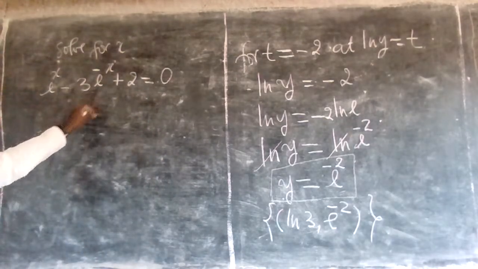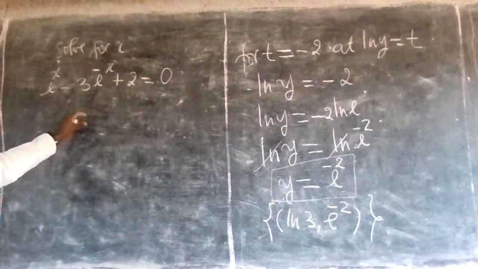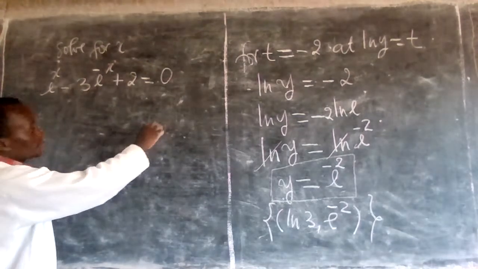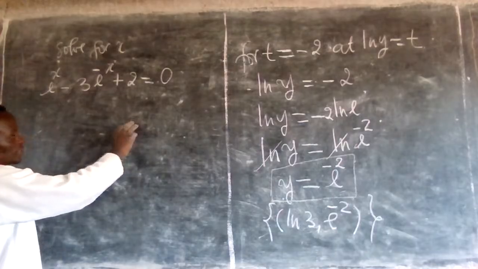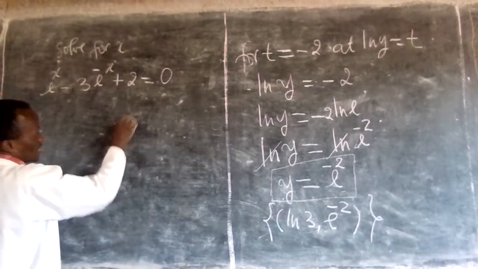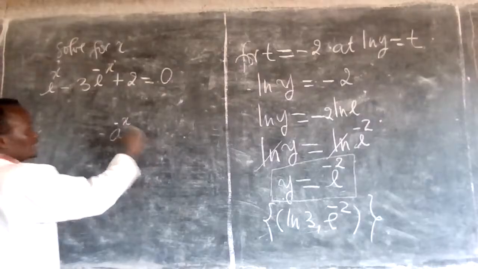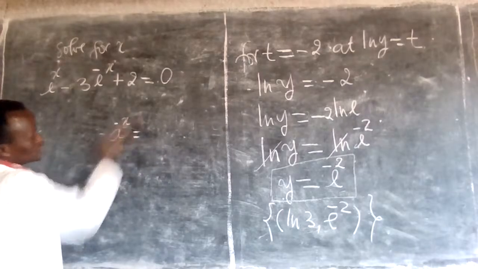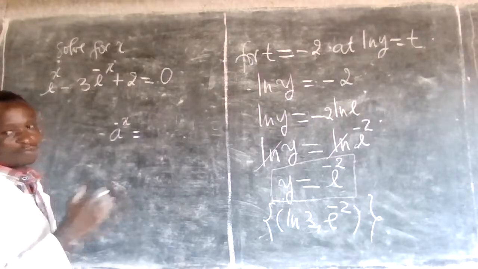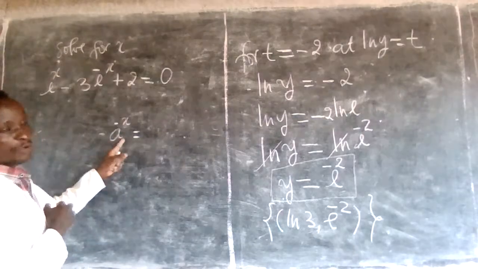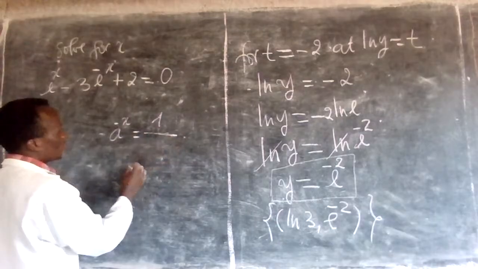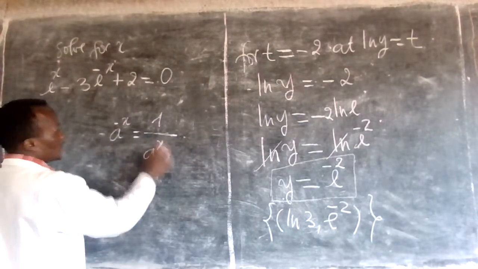Now for this exponential equation, remember last time I told you about this. If you have a power, for example, minus x, you have to change this one into the reciprocal, 1 over a power x.